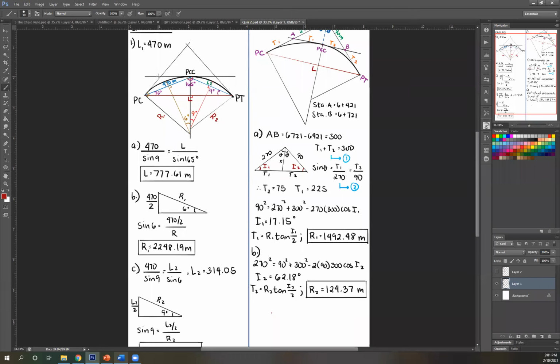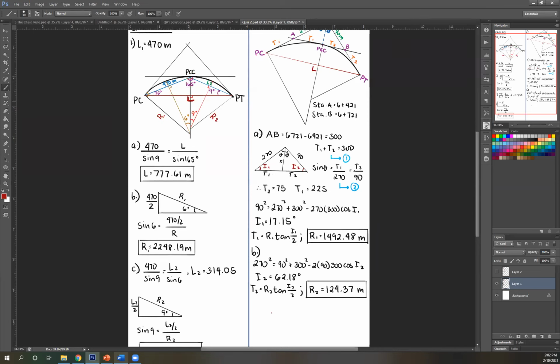Considering this triangle, I can use sine law. So I know this angle, I know this angle. So total interior angle should be 180. So 180 minus 6 minus 9, that's 165. Therefore, this angle is 165.